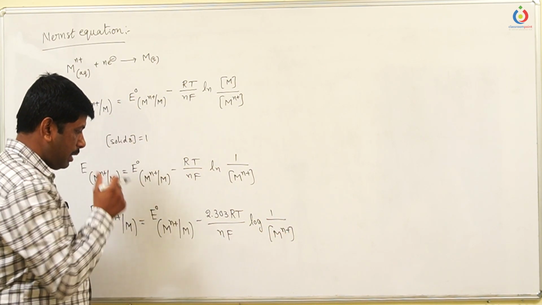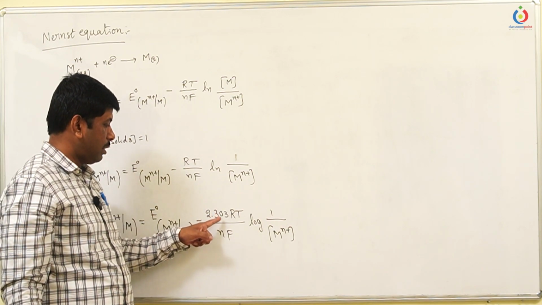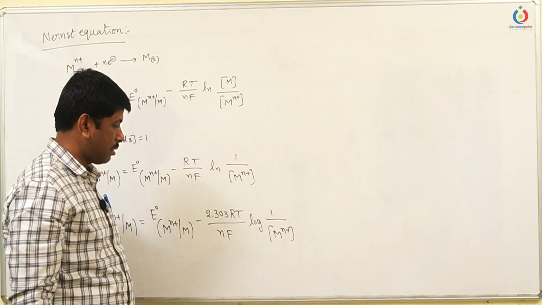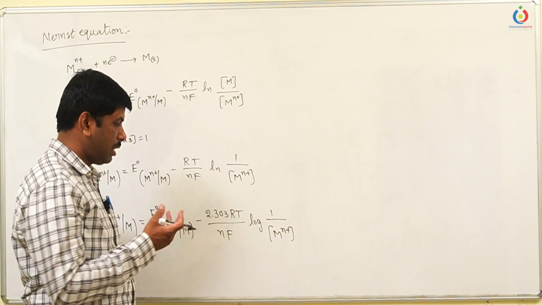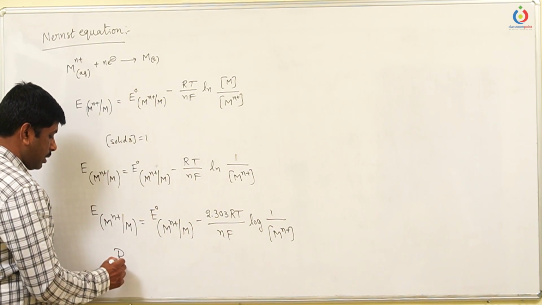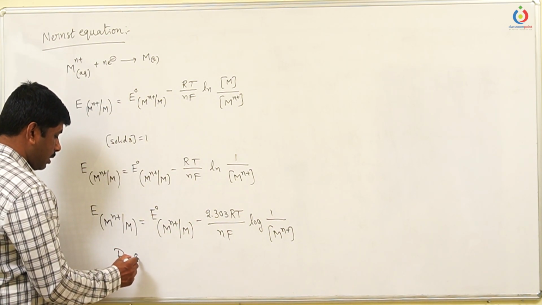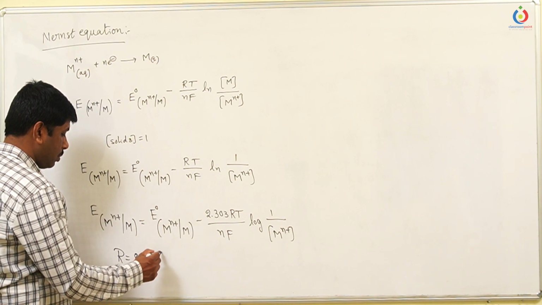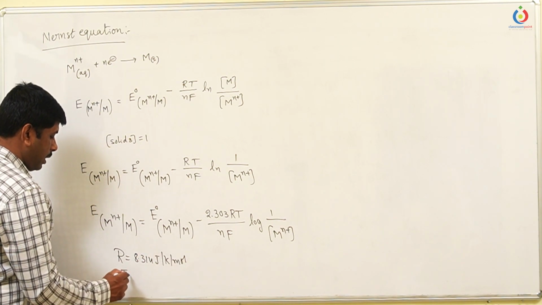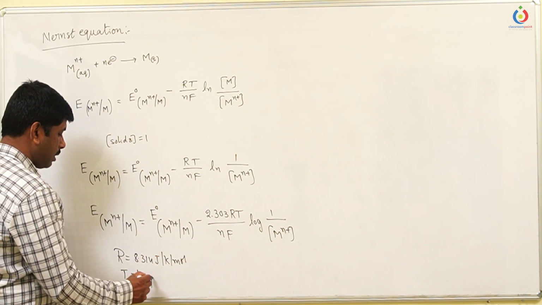Here 2.303, R, and F are constants, but the T value is not constant, it depends on temperature. R is the universal gas constant, 8.314 joules per kelvin per mole, and T is the temperature, that is, at a given temperature.